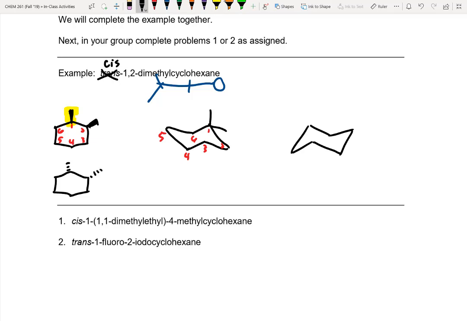Yeah. Okay, that's a great question. Do you think these are the same or different compounds? Imagine I have a pancake flipper and I pick this up and I flip it over. It's the exact same compound. So we could draw it either way. It would still be the same compound, just one's flipped over. Good question.